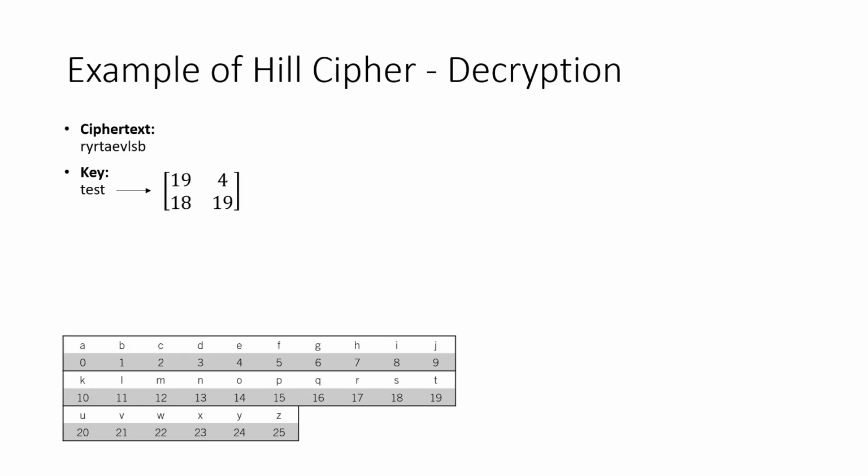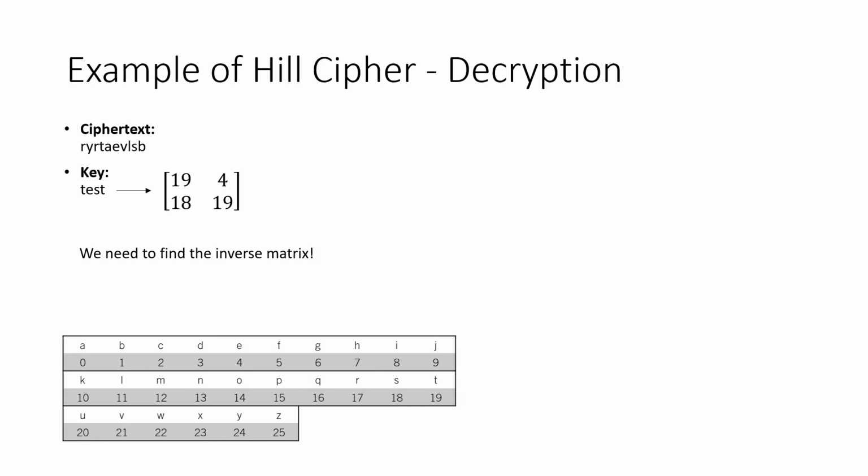We have our ciphertext and we have our key. So our goal is to use this key and use the ciphertext to decrypt the ciphertext and get a meaningful plain text, the same plain text that we started with initially. Before doing so, as you may remember from the definition of Hill Cipher, we need to find the inverse of our key.